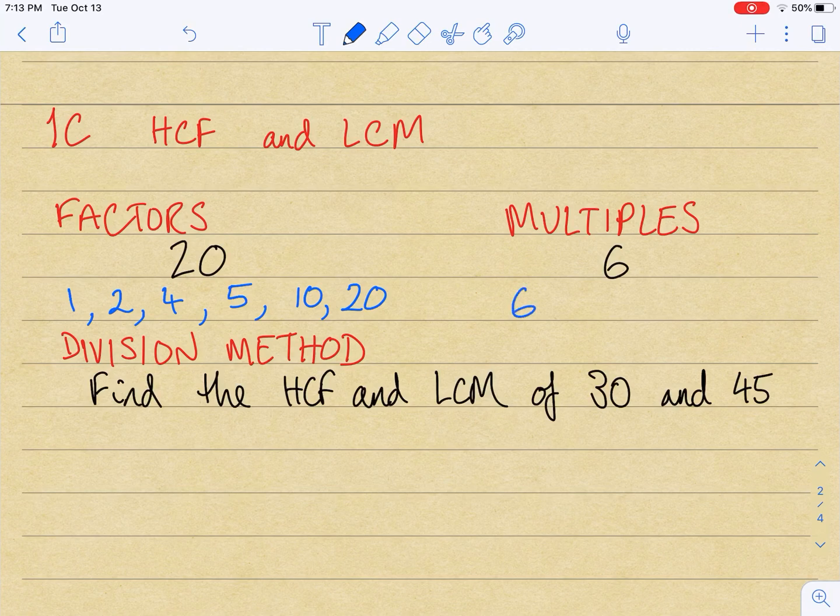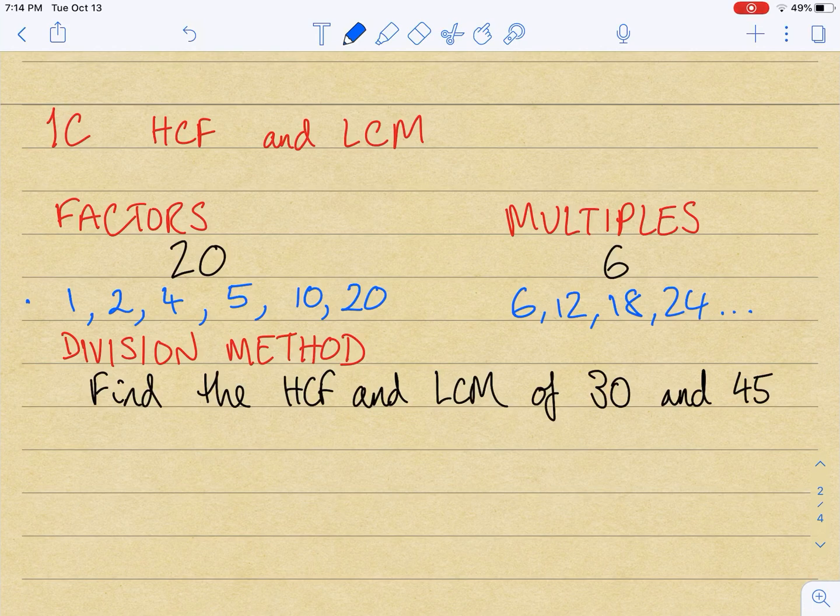Multiples of 6, that's the times table. So 6 is a multiple of 6, then 12, 18, 24, etc. So all the numbers in the times table, those are multiples. Now, if you want to find the highest common factor of 2 numbers, you could list all of the factors and find the highest one they have in common.